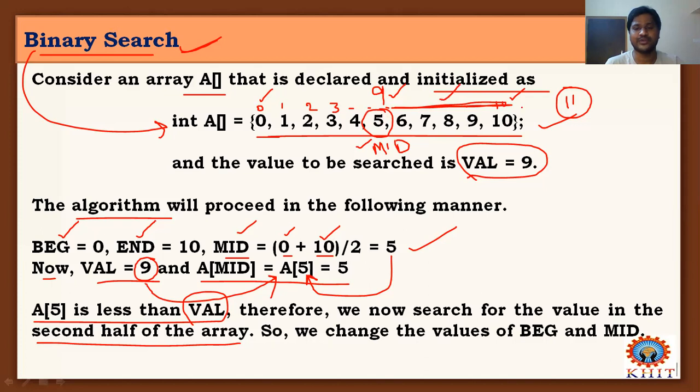We should search for this 9 element in this part, not in the left side of this mid value. Right? As the elements are in sorted order, 9 should be greater than 5. So it is available in the right sub array of the mid position.